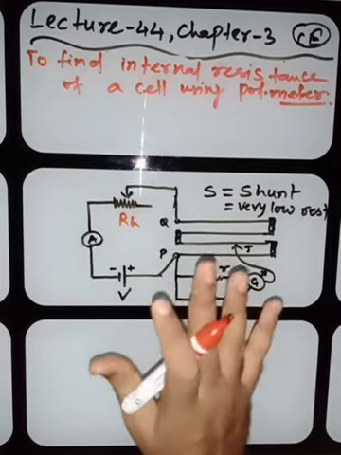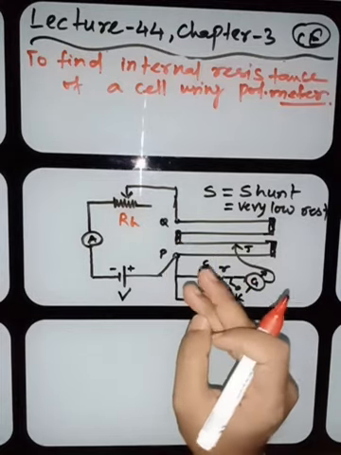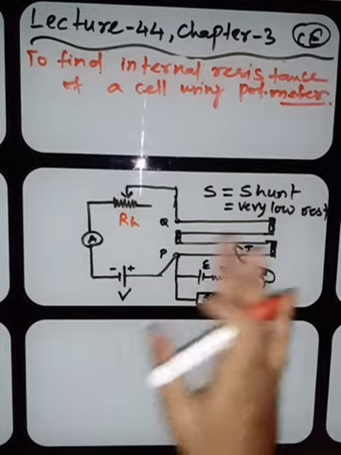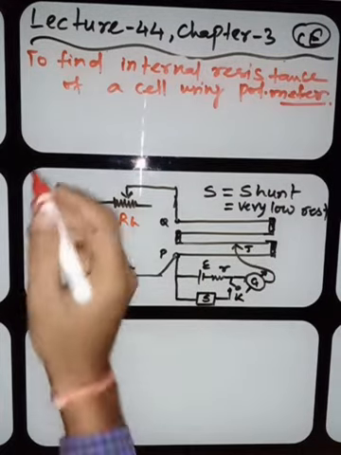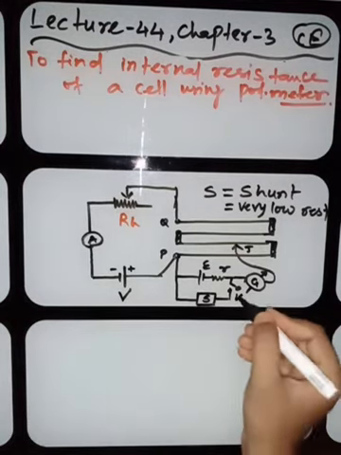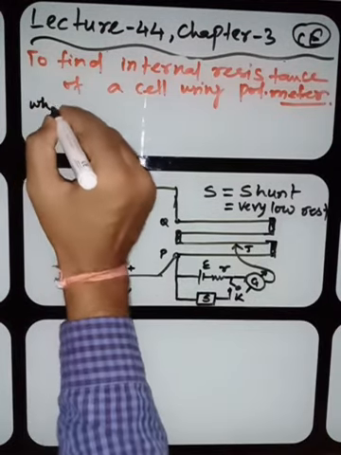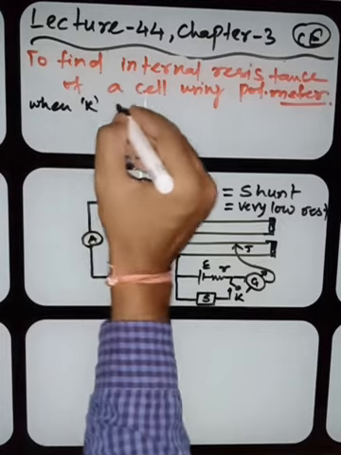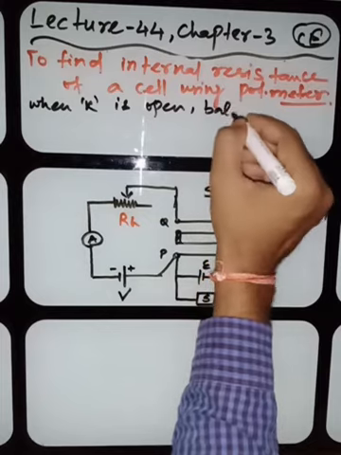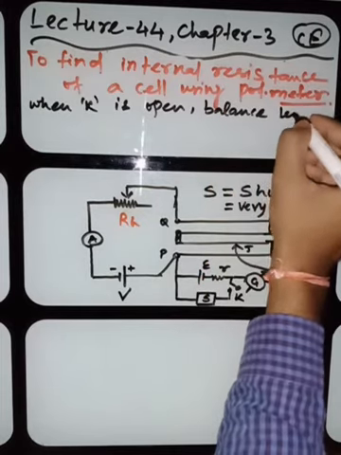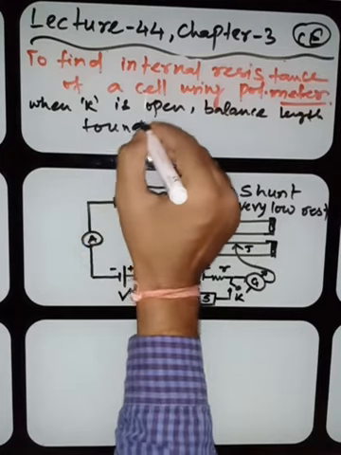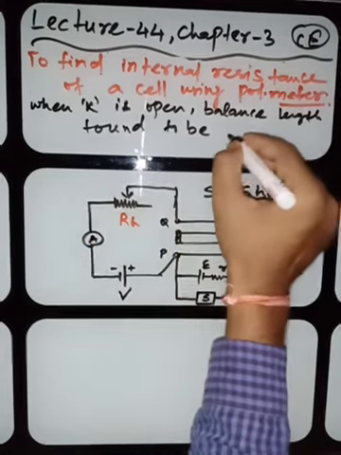All the things will also be here, like principle, theory, method, okay, everything, and the structure diagram, whatever you want to explain. Now first we start when the key is open. When K is open, suppose the balance length is found to be L1.